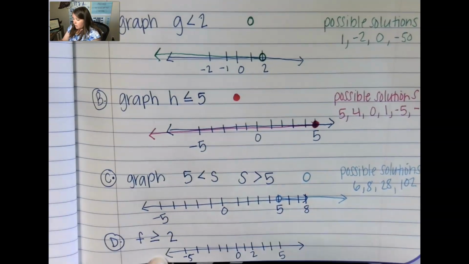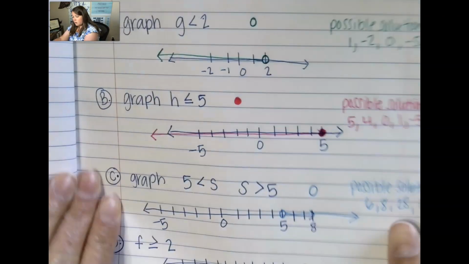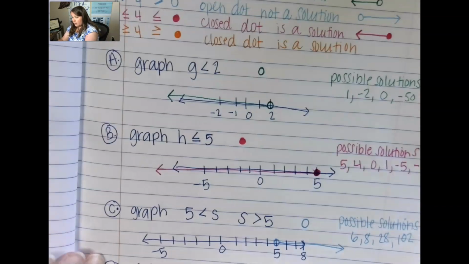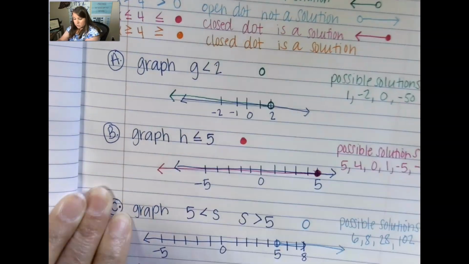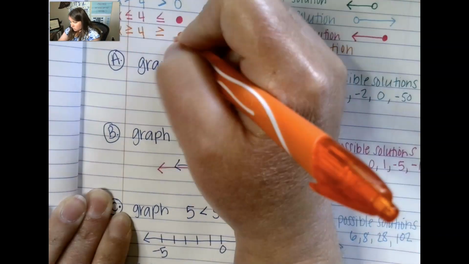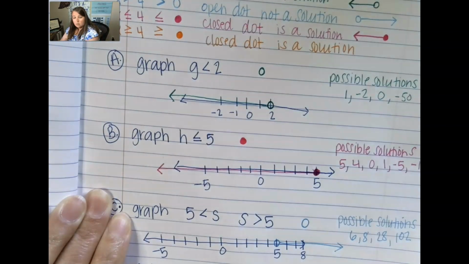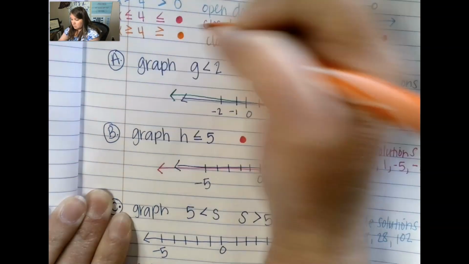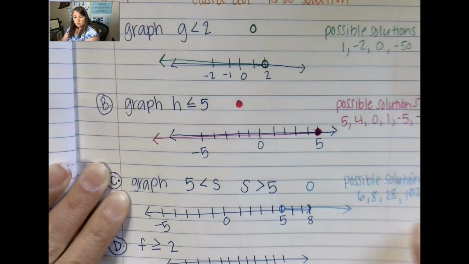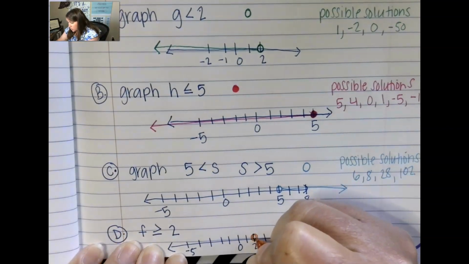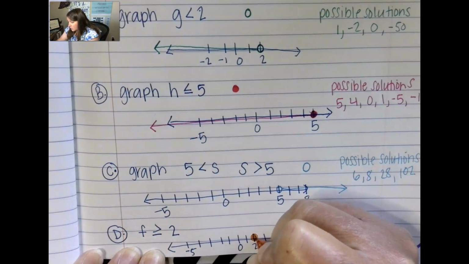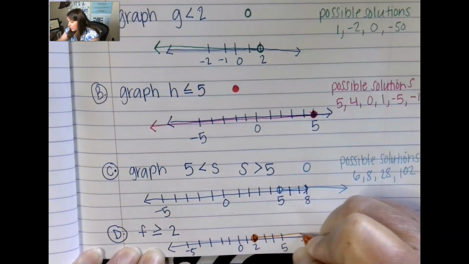Okay, let's look up in our chart. It's the greater than or equal to sign, so we're using a closed dot so that it can be equal to. So we're going to come down here and find the number 2. It includes 2, but it also includes everything that's bigger.